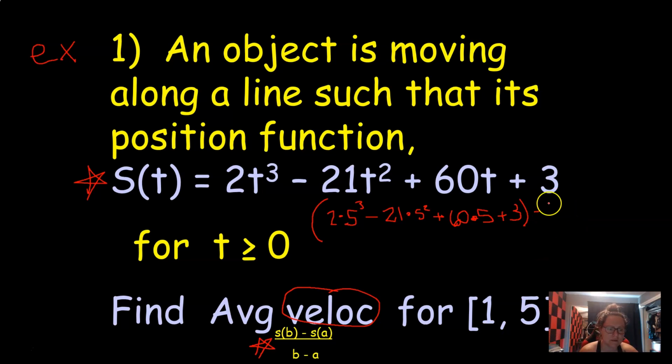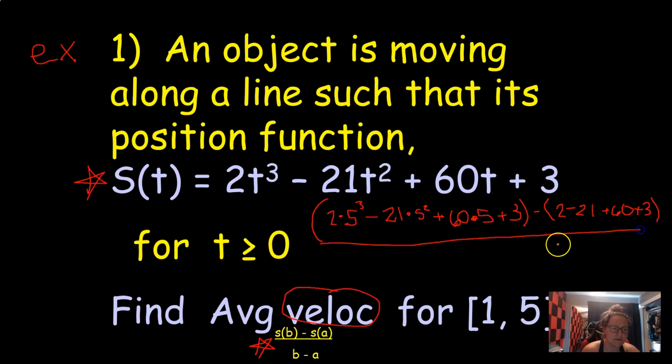Plugging in 1, I'm not going to do the 2 times 1 cubed because that's just 2. So 2 minus 21 plus 60 plus 3, all over b minus a, so 5 minus 1. I'd plug the top part into my calculator and then divide by 4, since 5 minus 1 is 4.